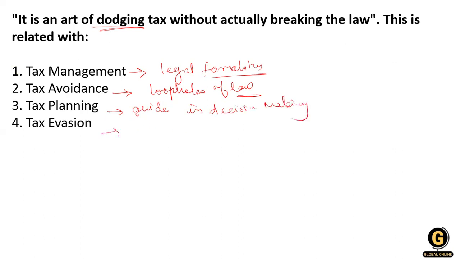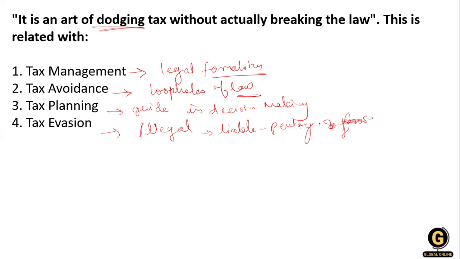And what is tax evasion? Tax evasion is illegal, and that's why the parties are liable for penalty and fine.